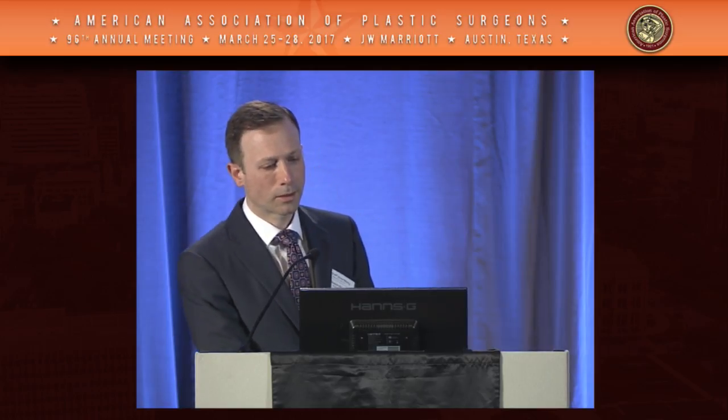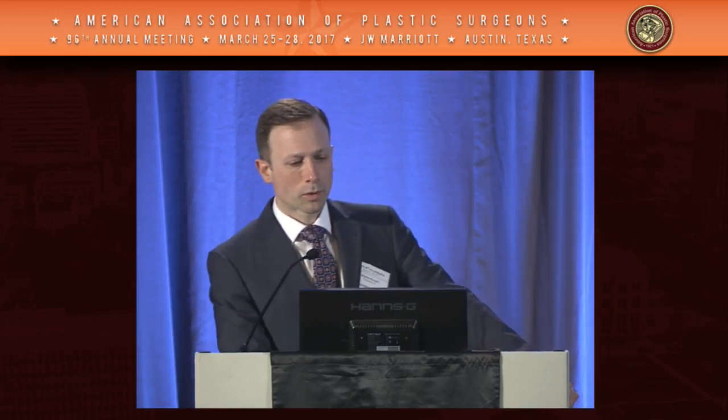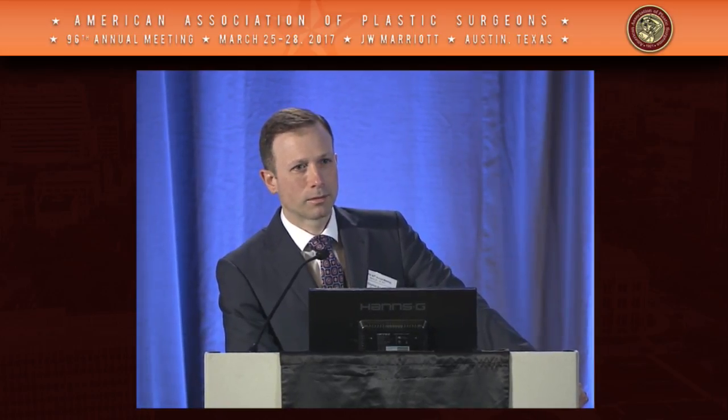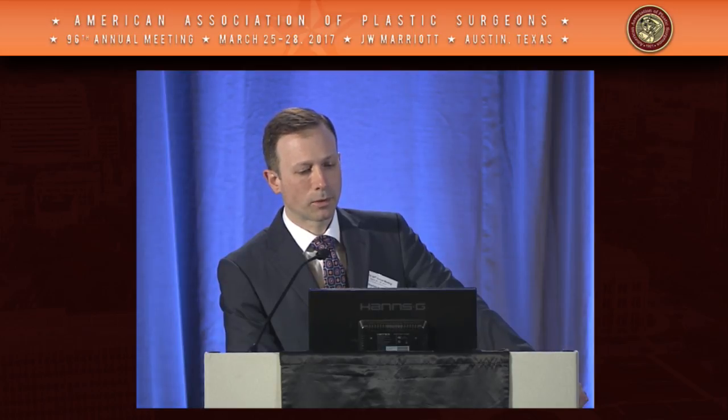Yeah, thank you. I think what's probably more important than the flap that you actually put on the defect is adequate debridement and getting back to some reasonable healthy tissue in the wound bed, and making sure whatever flap you harvest actually is perfused in its entirety. And you can harvest an enormous anterolateral thigh flap and sometimes have some marginal areas in the corners that don't perfuse very well.